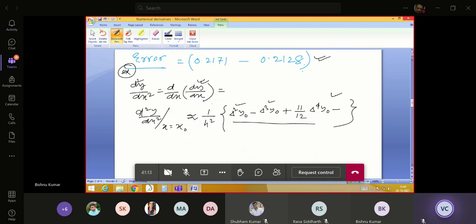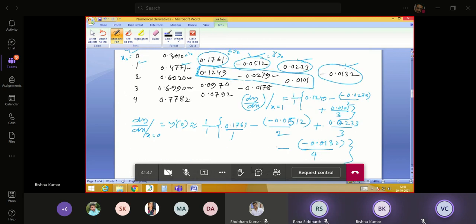If you can remember this, can you tell me what will be, for the above example, d2y by dx2 at x equals 0 and d2y by dx2 at x equals 1? Tell me, this is very simple, I think. You just pick up the second difference, minus third difference, plus 11 by 12 fourth difference. Okay. Outside 1 by h square.